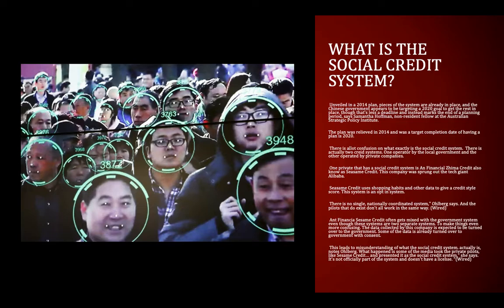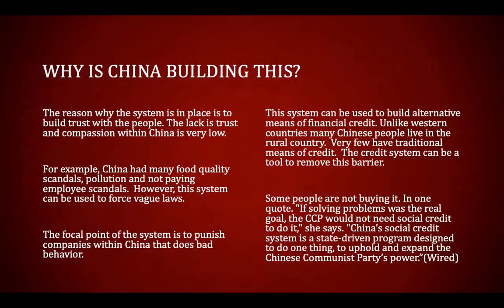This company sprung out of the tech giant Alibaba. Sesame Credit uses shopping habits and other data to give a credit-style score. The system is an opt-in system. There is no single nationally coordinated system, Hoffman says, and the pilots that do exist don't all work the same.